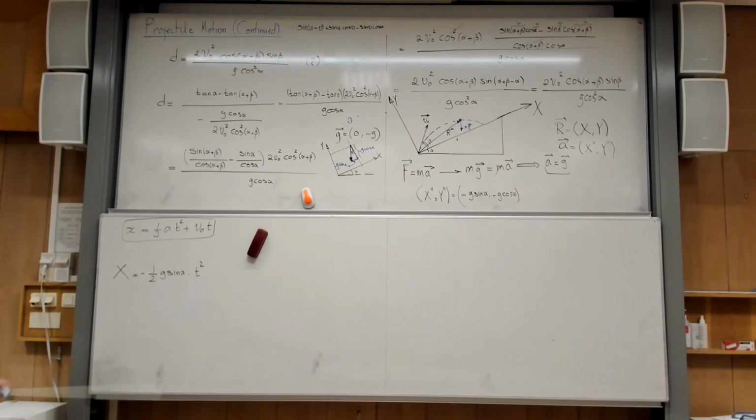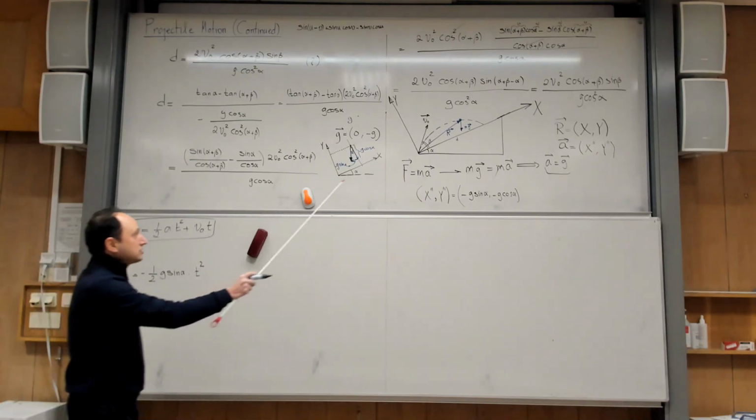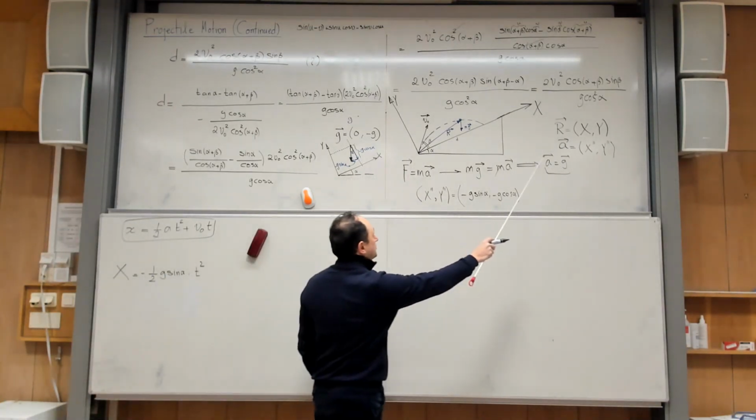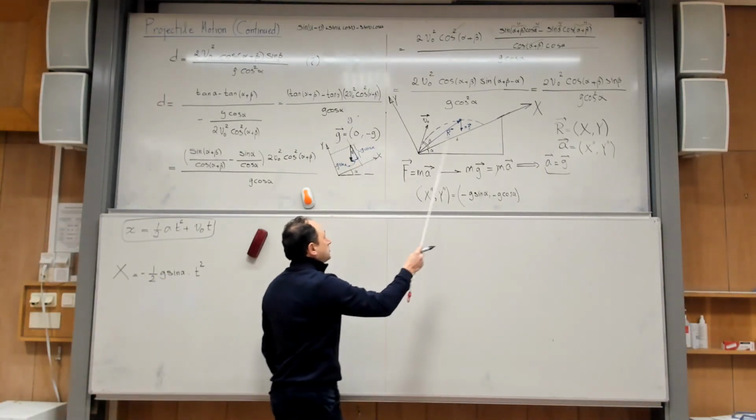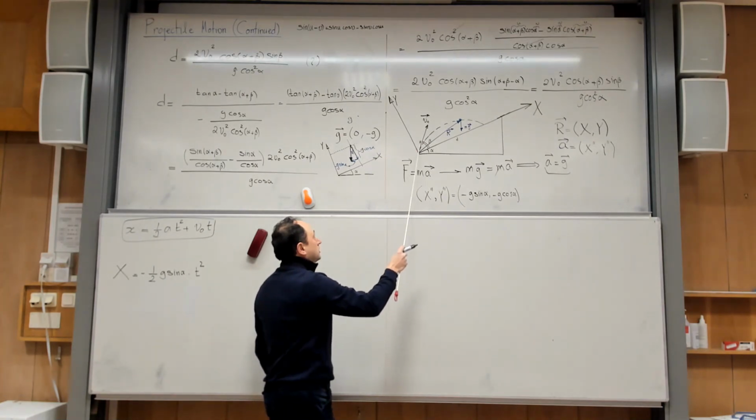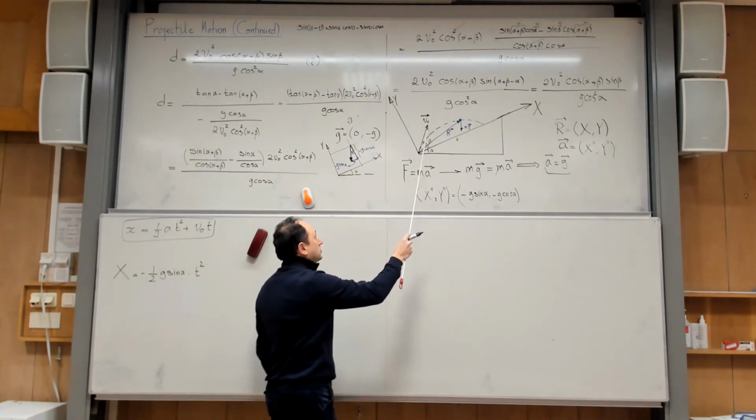No, be careful. I have v node there. Do you remember what v node was for the x direction, if the x direction is this? What did you do? You multiplied it by the cosine of an angle.